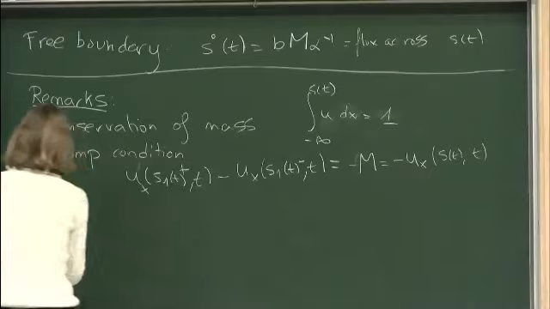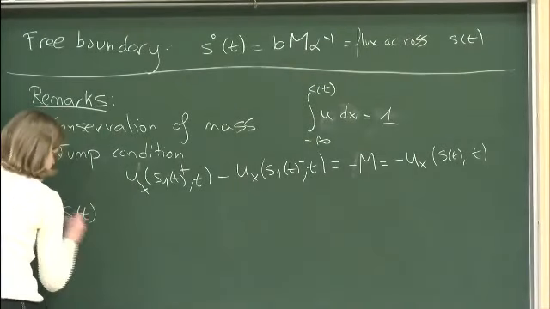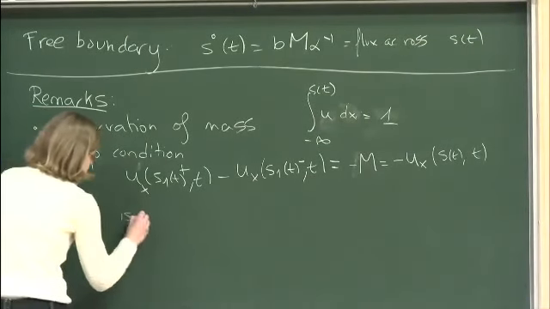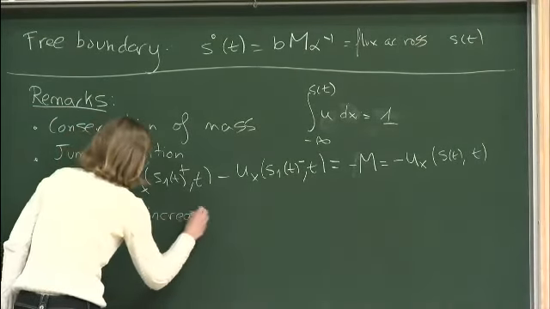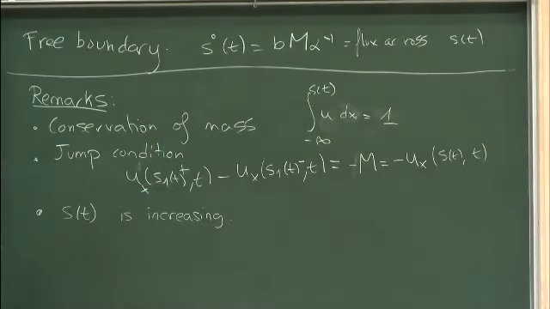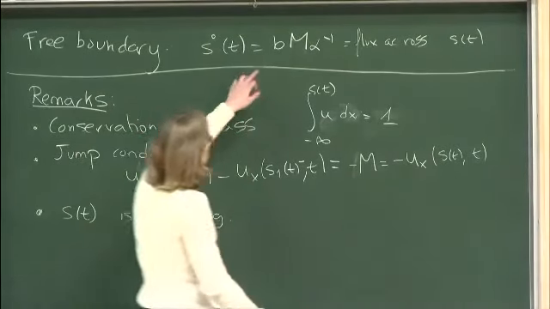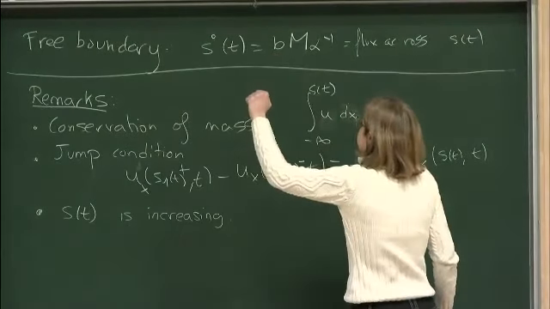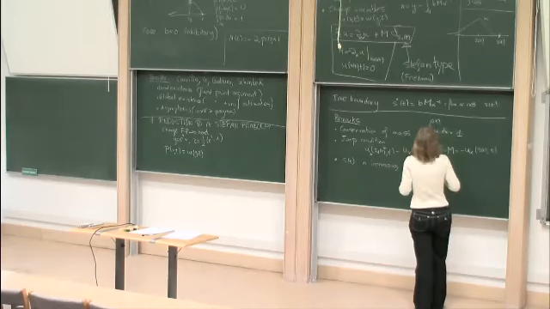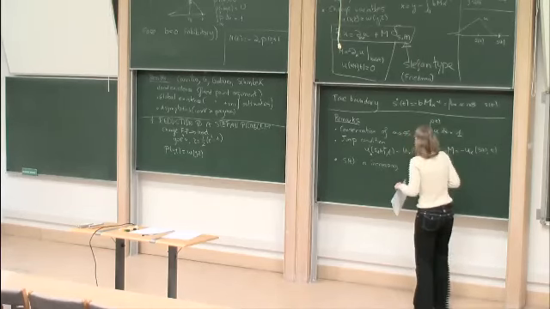And then something else that is also important is that the free boundary s of t is increasing. And here is where the sign of v becomes important. Okay, maybe I forgot this minus in there.